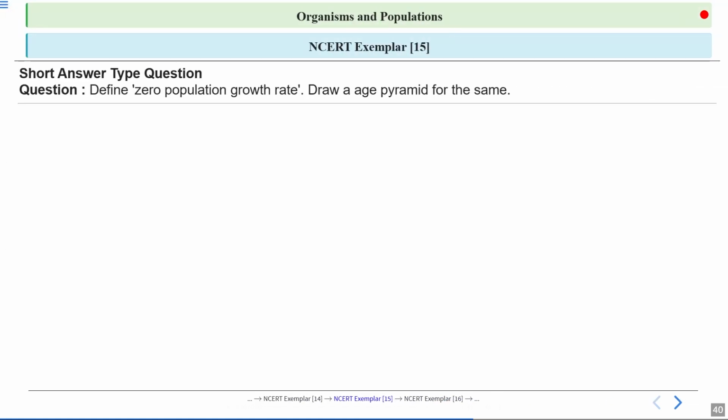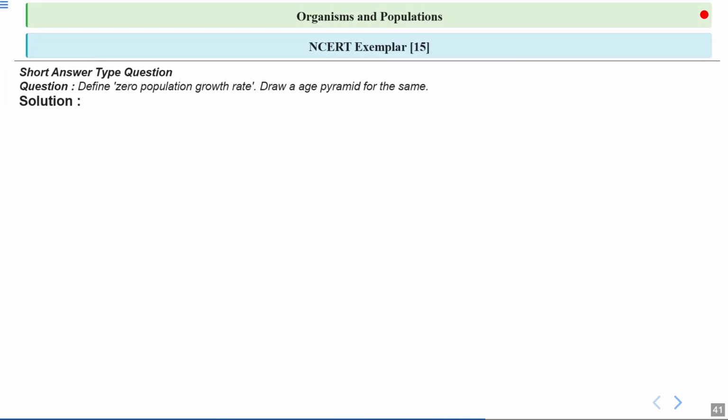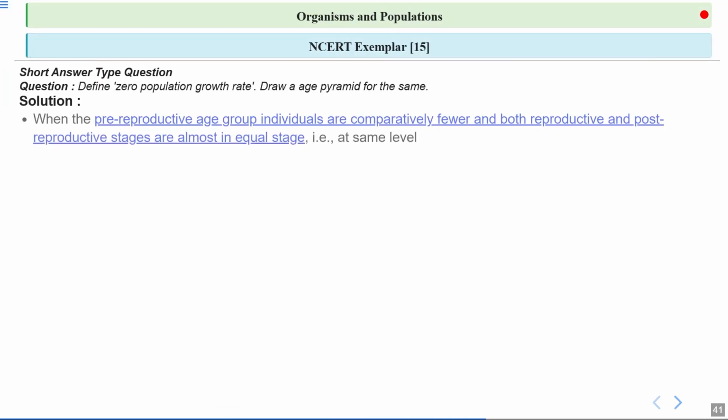Next question, define zero population growth rate and draw age pyramid for the same. Let's have a look at the answer. Now, when the pre-reproductive age group individuals are comparatively fewer and both reproductive and post-reproductive stages are almost equal, that is, they are at the same level, then what happens?